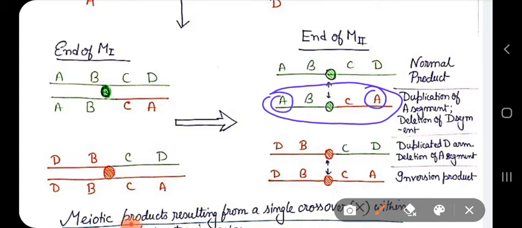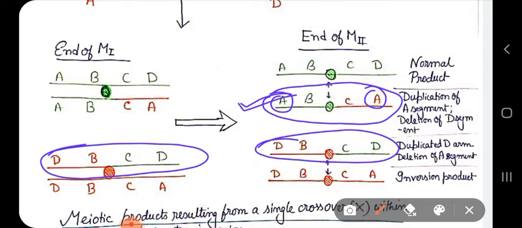That can lead to non-viable gametes. The third one, at the end of meiosis 2, has a duplicated D segment but a deleted A segment. And the last one will have a whole inversion product.